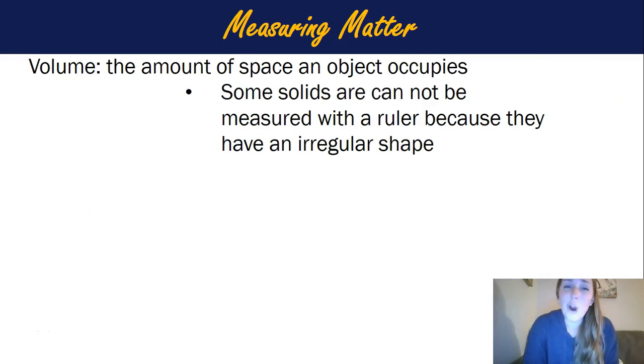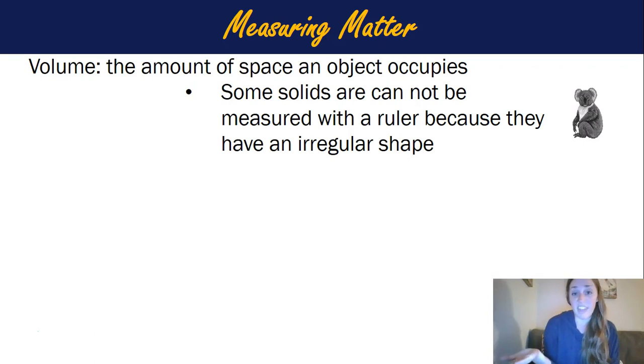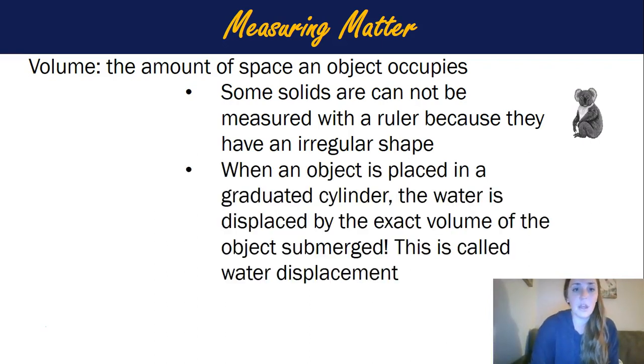But then some things aren't easy to measure with a ruler. Some solids are going to have an irregular shape. So let's say I had this little toy koala thing, and I wanted to know how much space it took up. I can't just do length times width times height because it's not a cube. So when an object is placed in a graduated cylinder, it has this really interesting quality.